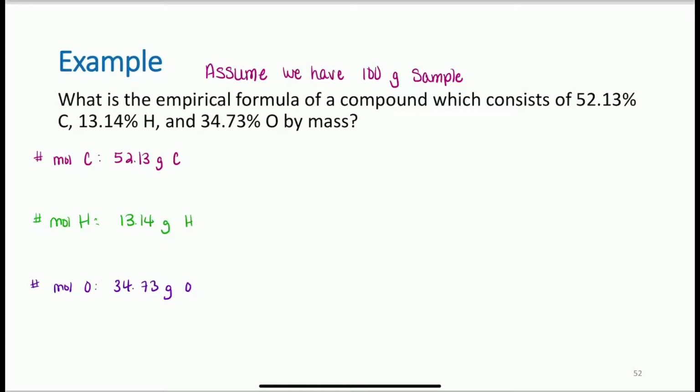I need their smallest whole number multiple ratio. To get to there, I need to take these grams and convert them to moles. So for carbon, 52.13 grams of carbon converted to moles. I expect that to be a little over 4 because I know 4 times 12 is 48. And I find the answer here to be 4.341 moles of carbon.